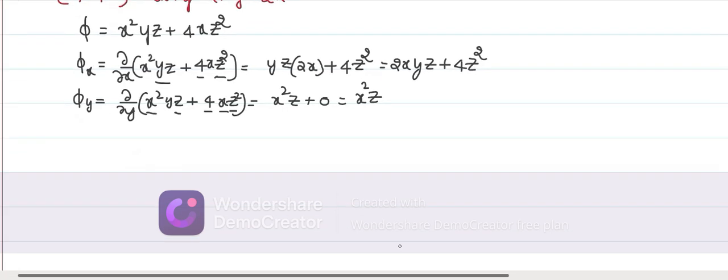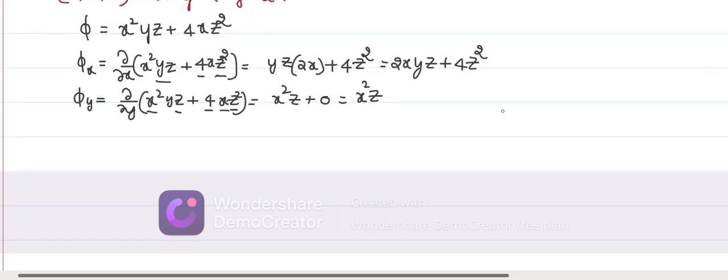Right? So now we have to calculate the partial differentiation of phi with respect to z. That is equal to dou by dou z of x square yz plus 4xz square. Here x and y are constant, and 4x is constant.